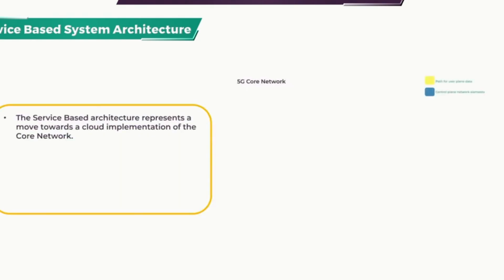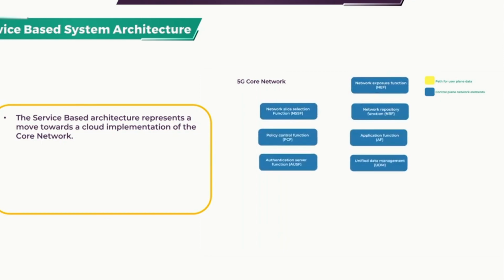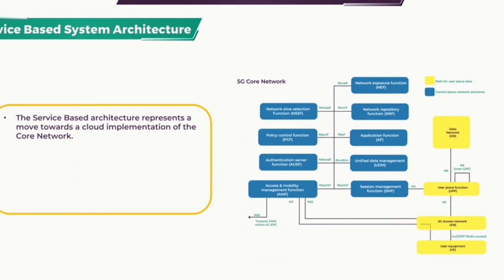The service-based architecture represents a move towards a cloud implementation of the core network. Legacy core networks have been deployed using separate hardware for each network element. Newer core networks have been deployed using virtualized network elements to allow multiple network elements to operate using a shared hardware platform.